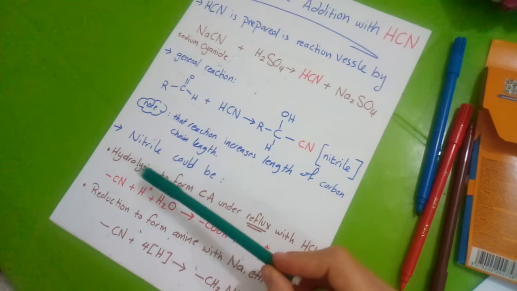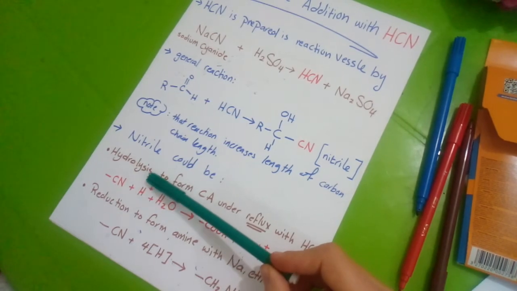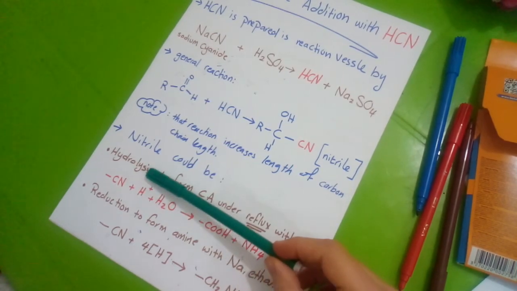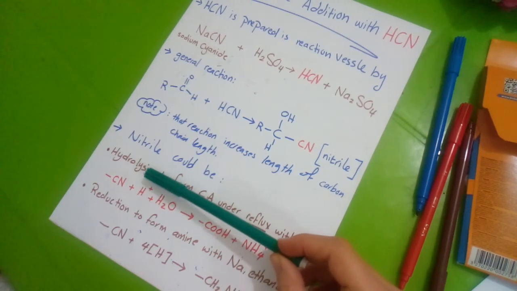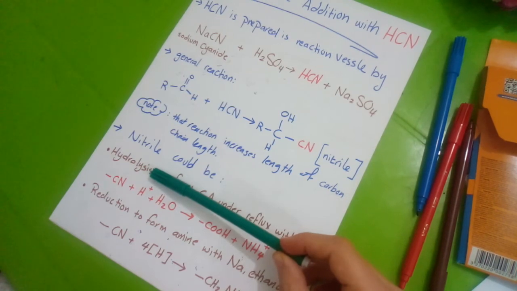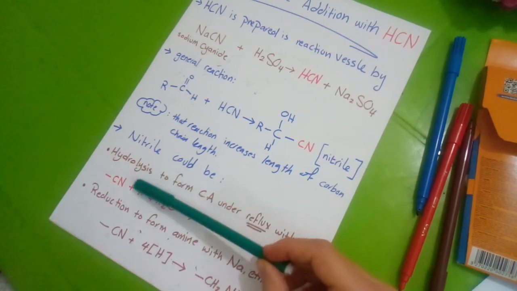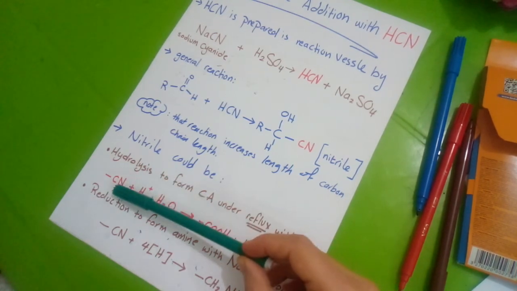Now, for the nitrile that formed, we can do two types of reaction. We can do hydrolysis for it. What's the meaning of hydrolysis? It's breaking down your compound using water. So we can do hydrolysis in the presence of diluted hydrochloric acid. This is the acid and this is my nitrile compound.